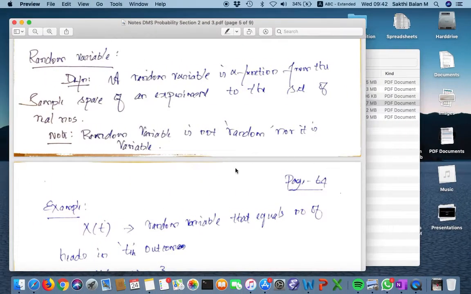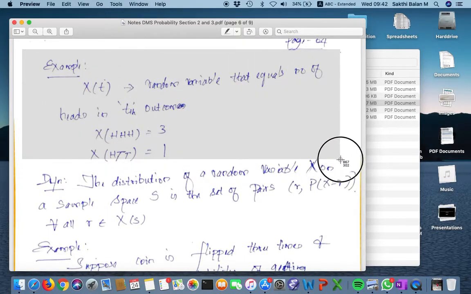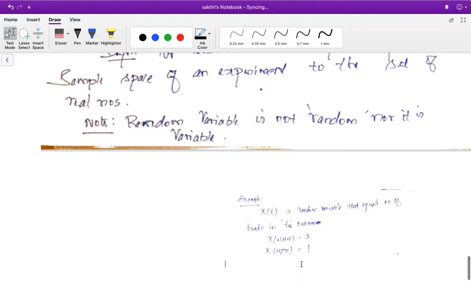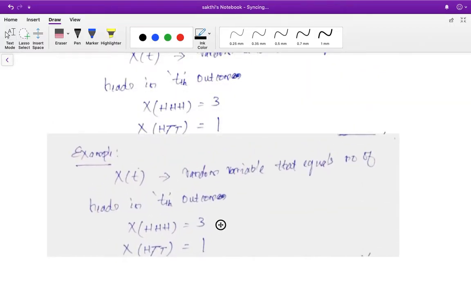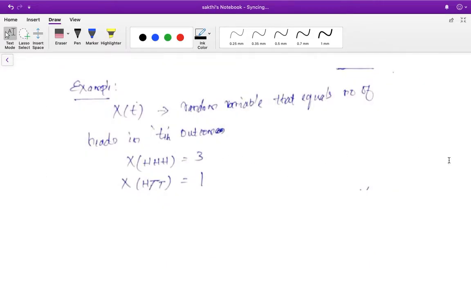For example, if I consider an experiment, just have a look at this example that I am putting in Microsoft OneNote. Suppose we are conducting an experiment of tossing a coin, and we want to check how many times we have got heads in the experiment.